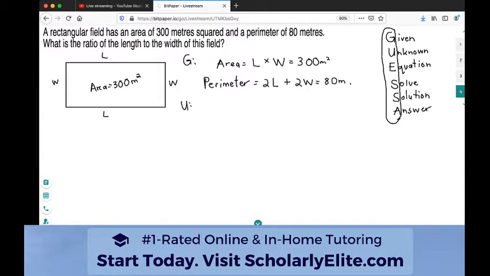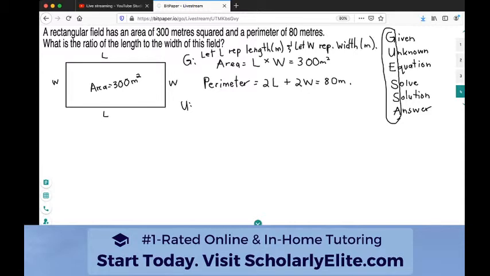What is our unknown? Here we should say let L represent length in meters and let W represent width in meters.